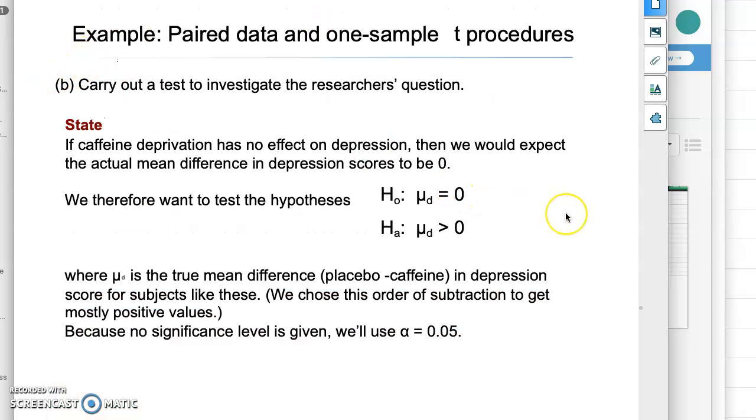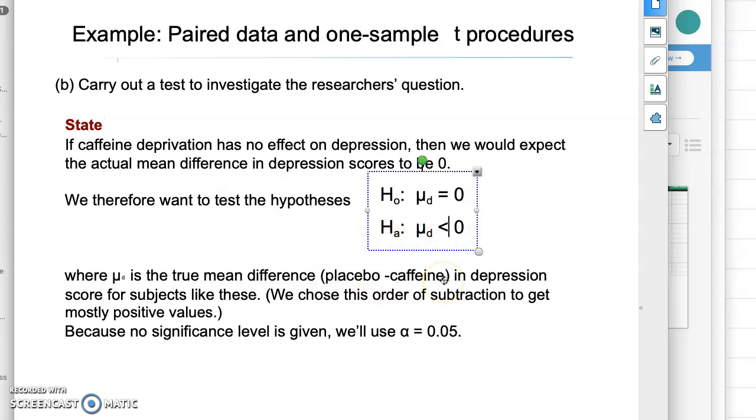Okay, so we have paired data again. This time we're going to walk through all 4 steps of the process. We want to test the hypotheses that the mean is no different versus the alternative that it's greater than 0, where mu d is the true mean difference, placebo minus caffeine. Actually, I think this is backwards. Let me change this here. This should be less than 0 because we think the amount of depression would be negative.